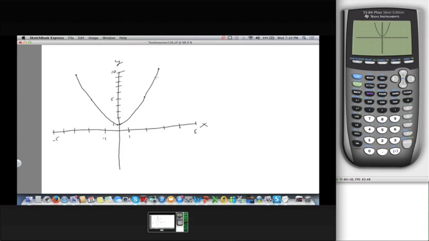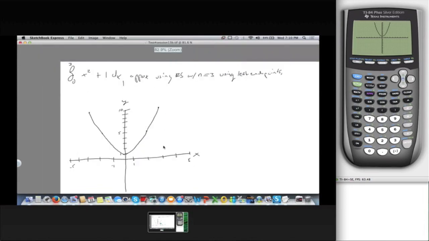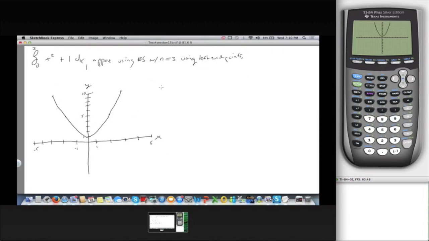Alright, I'll do this, using left endpoints.